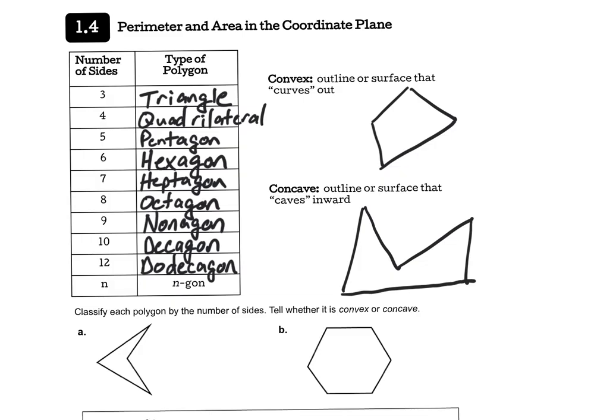If I were to connect these together, it's on the outside of the figure because the sides cave in. On convex, all of the segments are connected inside the figure. Here, I could connect some of these together and be inside, but if any of them are connected to the outside, then it would be a concave polygon.